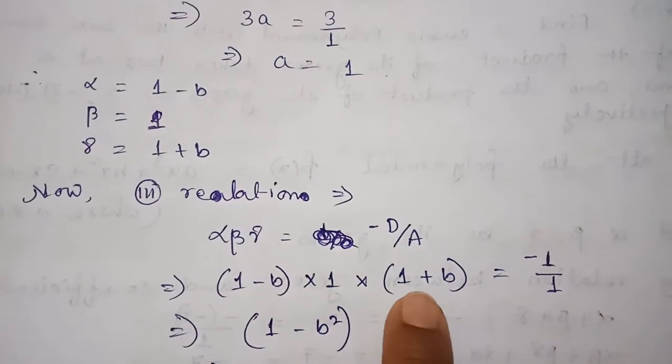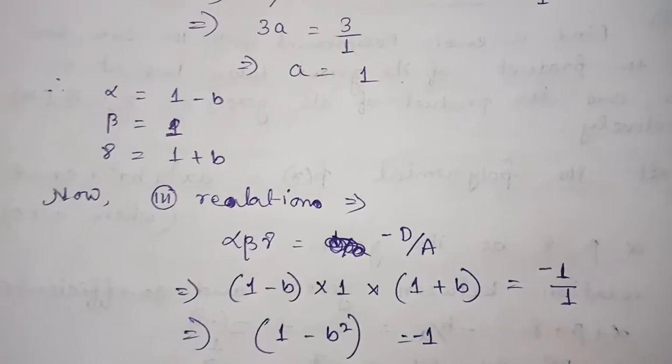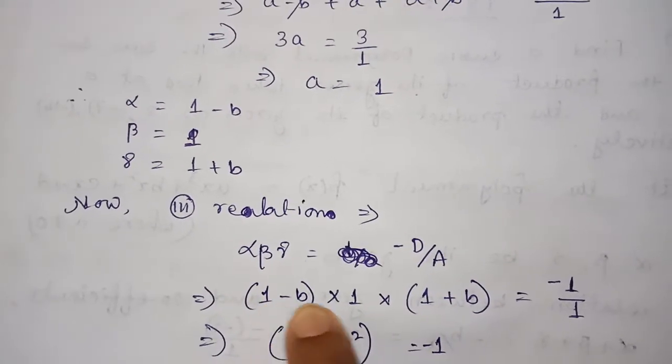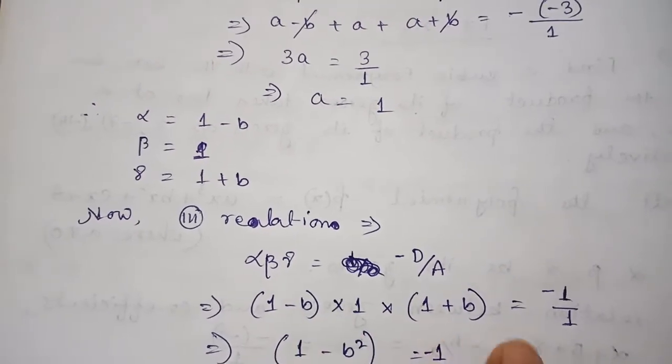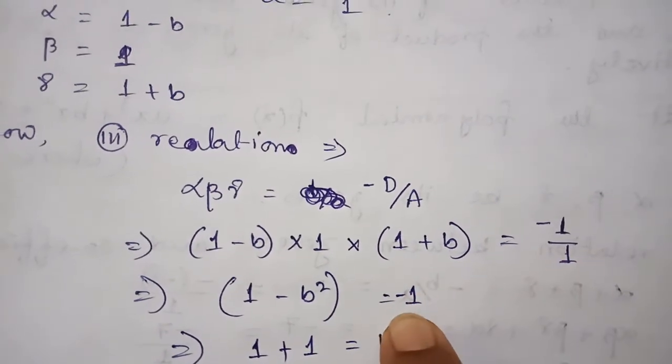Multiplying these, the 1 doesn't change anything, and 1 minus b times 1 plus b, by the formula (a minus b)(a plus b), is 1 minus b square, which equals minus 1.